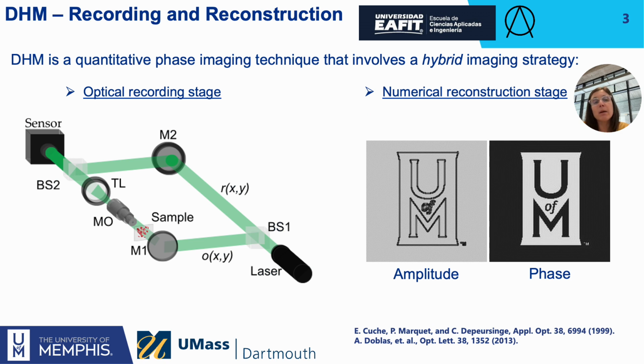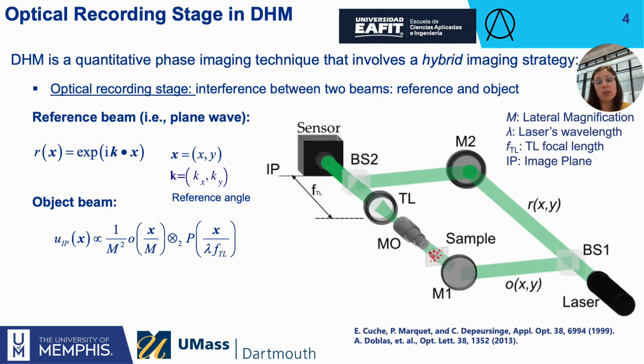So the whole idea about DHM is about this synergetic behavior of hardware and software, where the hardware is the recording of the interference pattern of a plane reference beam with the light scattered by a microscopic sample.